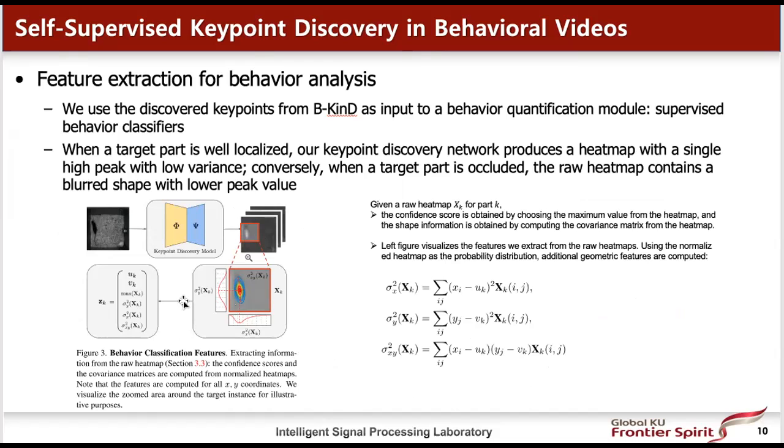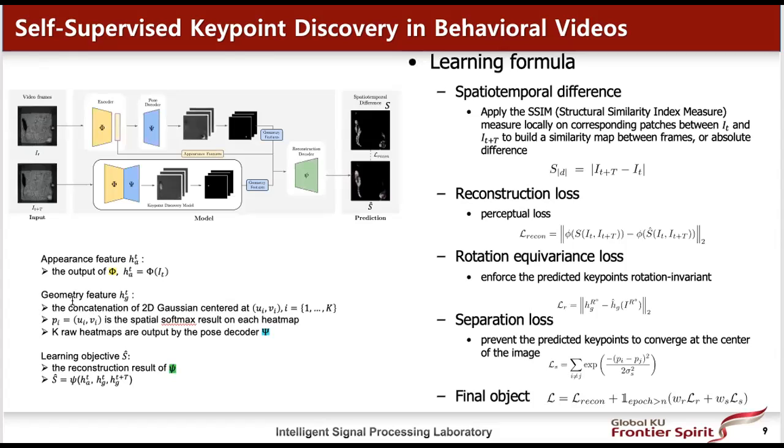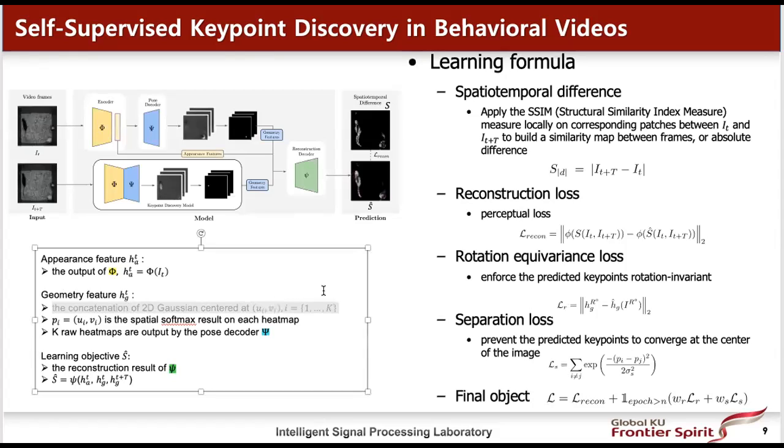It is not just to represent one key point, because we can see the geometry feature is the concatenation of 2D Gaussians centered at u_i and v_i, and there are a total of K. It is a concatenation of K 2D Gaussian maps. Oh, so you're constructing key points using heat maps. Yeah. From the assumption of the 2D Gaussian.